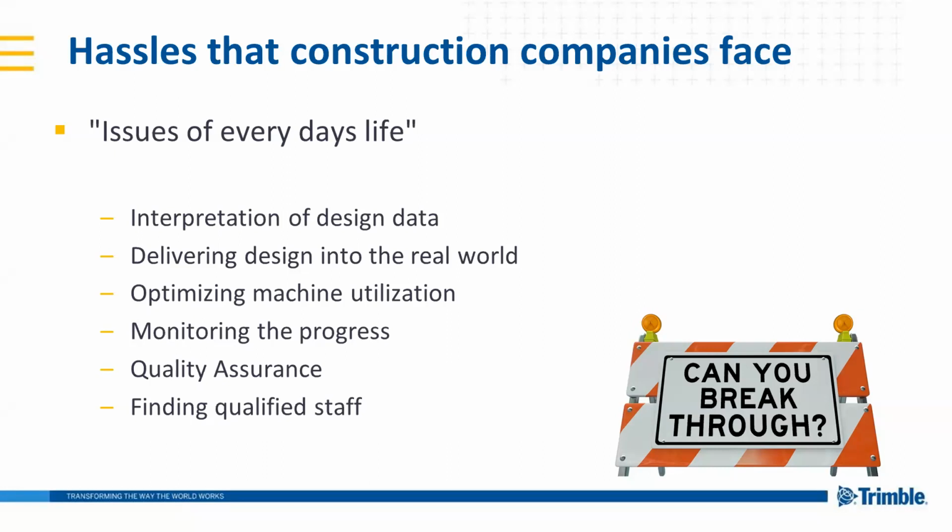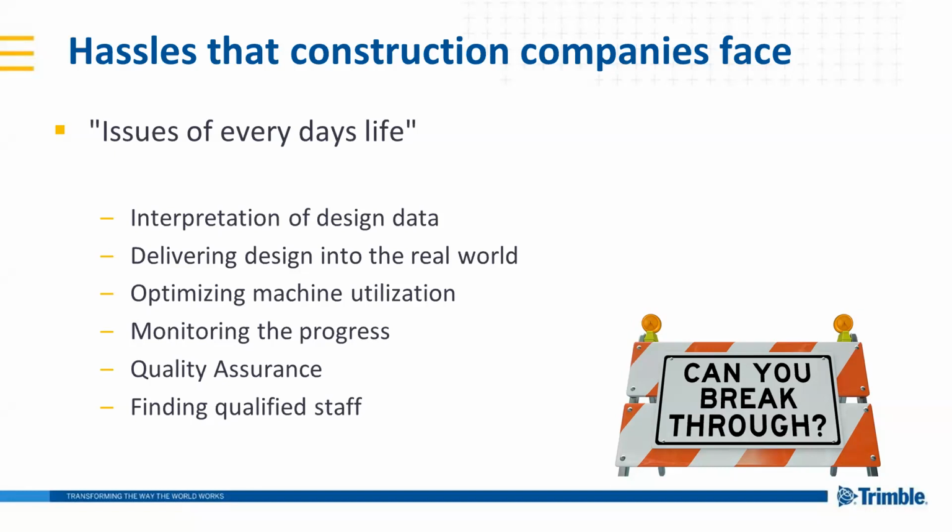How do we manage that? Do we send a surveyor to do some stake out in the field or utilize machine control systems? So these are some topics, how we can deliver the design into the real world. But I think Trimble is very known for machine control and surveying systems, so that is not such a big issue at the moment.